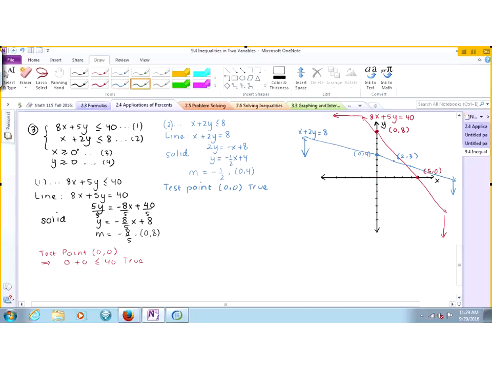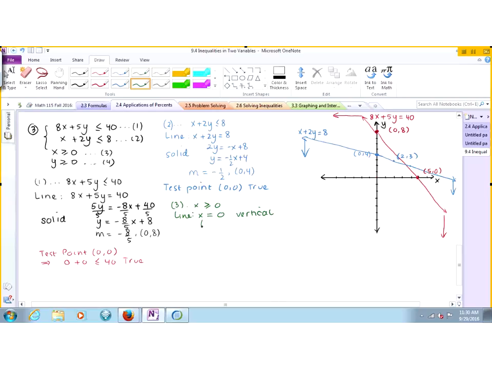So true, okay. Good. Now the next one is x is greater than or equal to 0. Oh, this is easy. What is the line? x equals 0. Is it vertical or horizontal? x equals 0 is vertical.